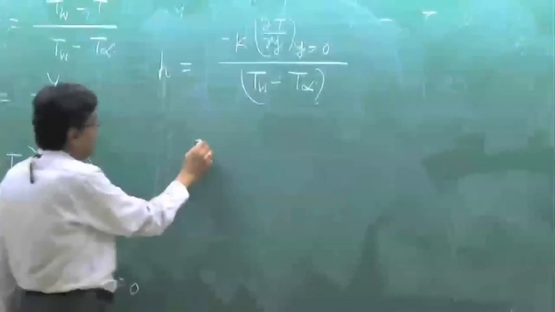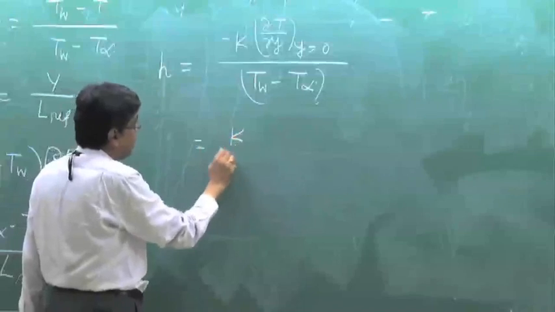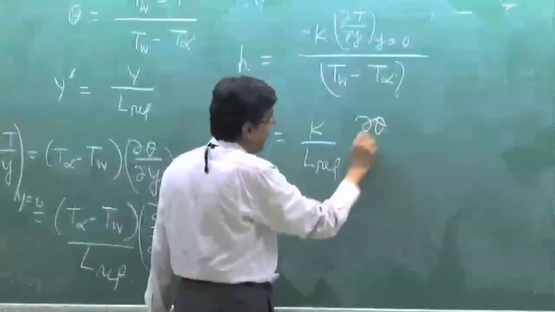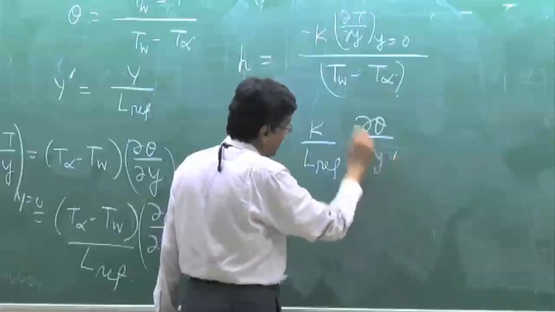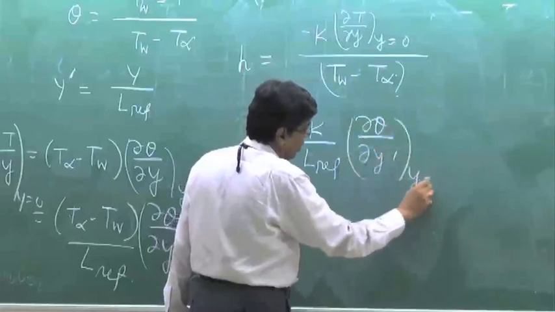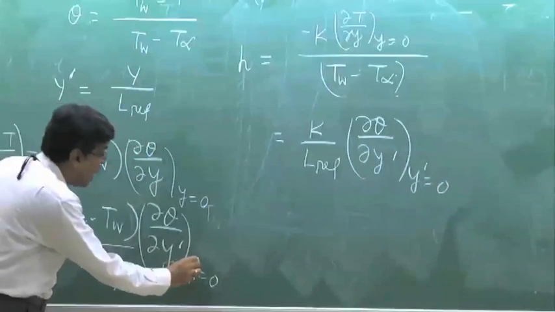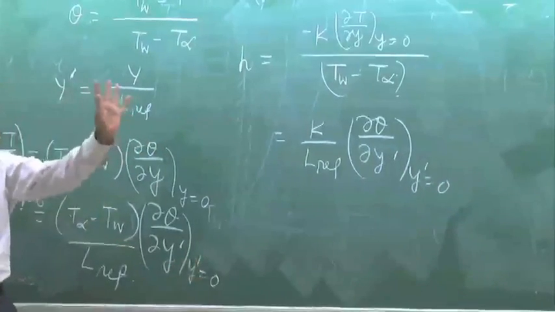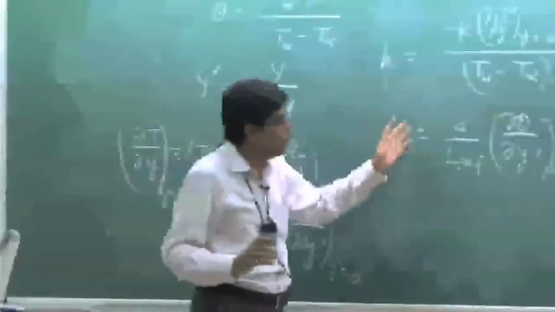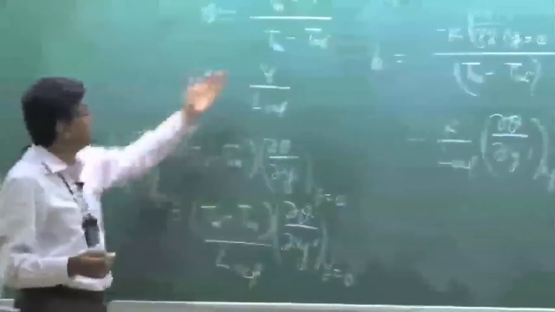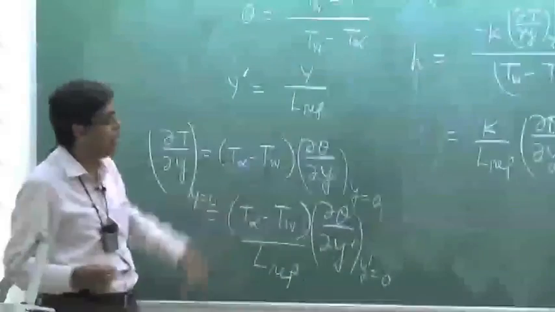You get k by L reference into del theta del y dash at y dash is equal to 0. Now y is equal to 0 means y dash is equal to 0, because I want to have all non-dimensional parameters here. So therefore y is equal to 0 means y dash 0, because y dash is y by L reference, it is scaled with L reference.